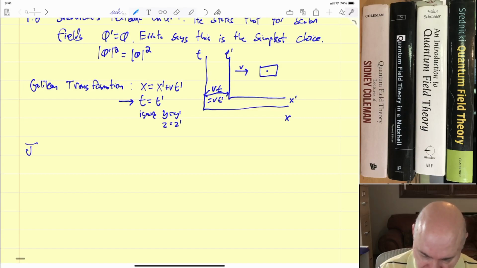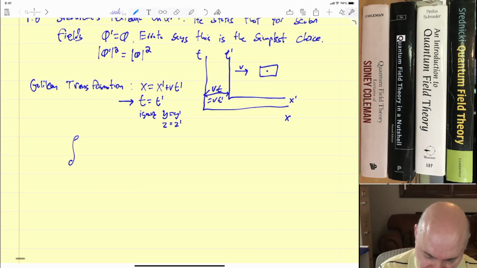Oh, before I do that, what I want to show is that the probability density, in other words, if the particle's in a box, it's in a box.